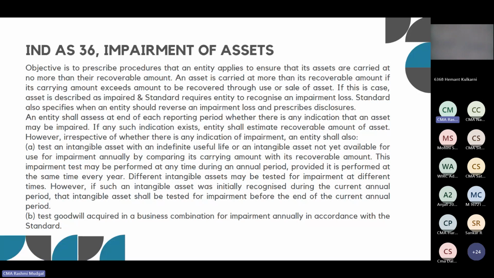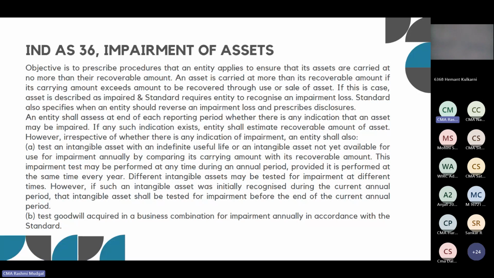So we want our balance sheet to show the amount at which the asset can be realized. There could be many reasons. In this case, the asset is described as impaired and the standard requires the entity to recognize the impairment loss. The standard also specifies when an entity should reverse an impairment loss and prescribes disclosures.